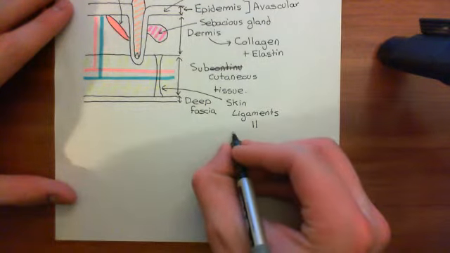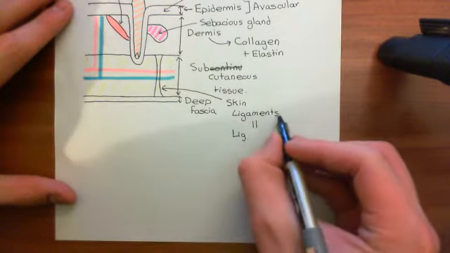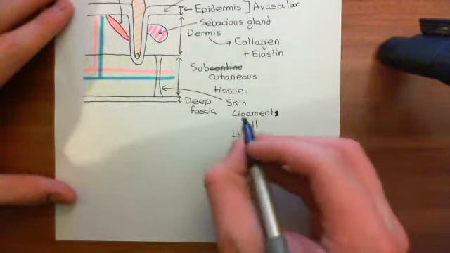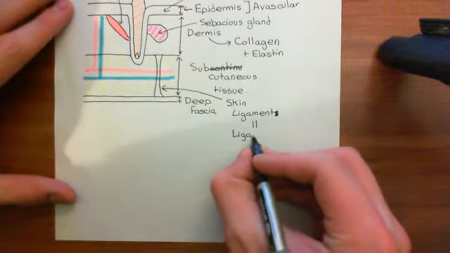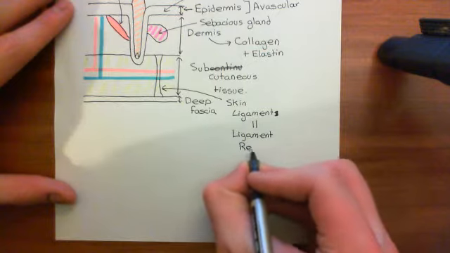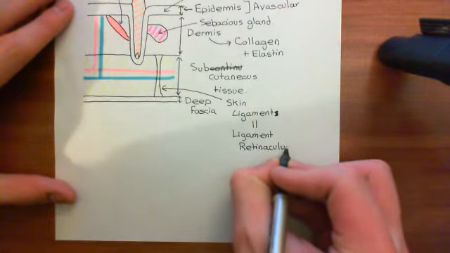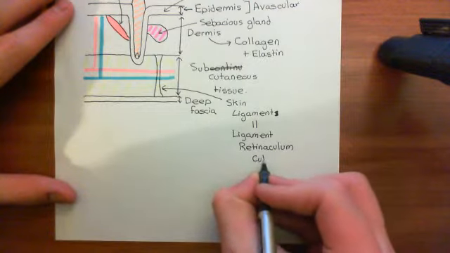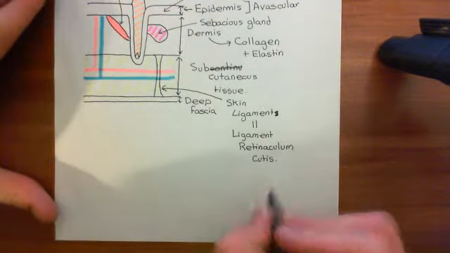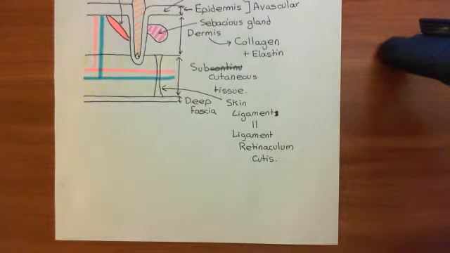So if you find a single skin ligament, it will be called ligament retinaculum cutis. That's the old anatomist's name for a skin ligament. Basically, they're just connective tissue connections between the two layers of connective tissue.